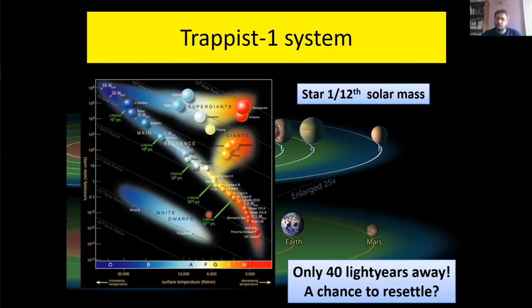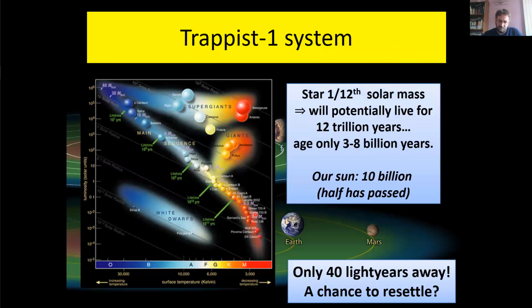If this is 10 to the 11 years, this means 100 billion years. Down here, we would expect that the star lives for about 12 trillion years. The trillion years. Oh, that's perfect. Once we settled there, that's it. And let happen to the universe whatever will happen. This is basically the perfect home to go to.